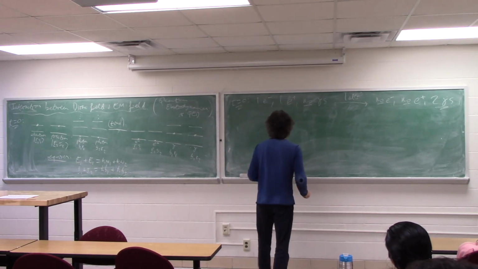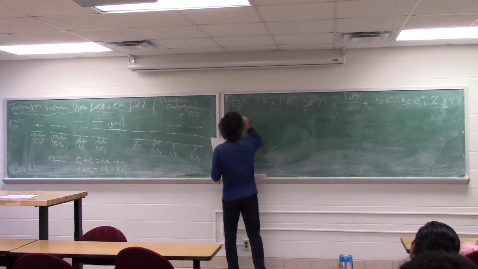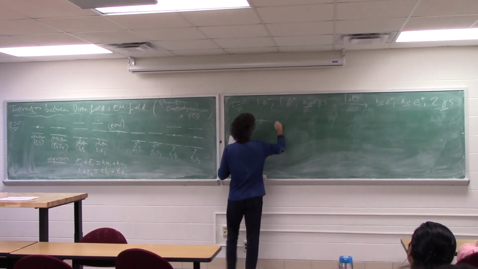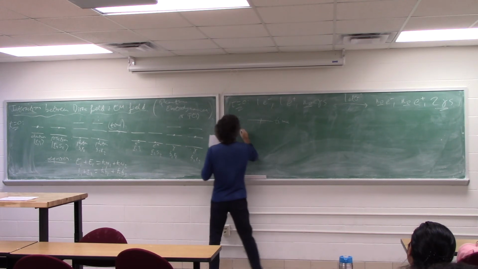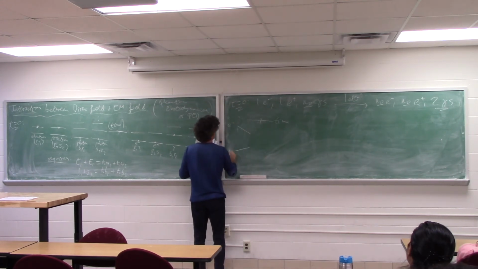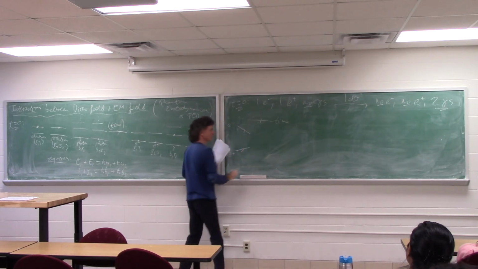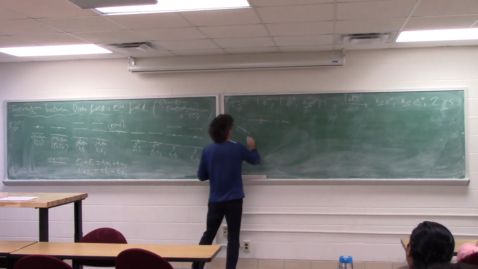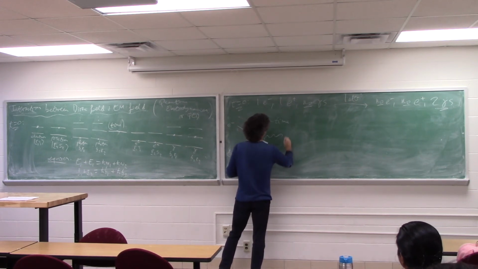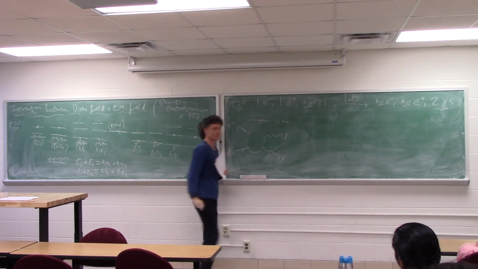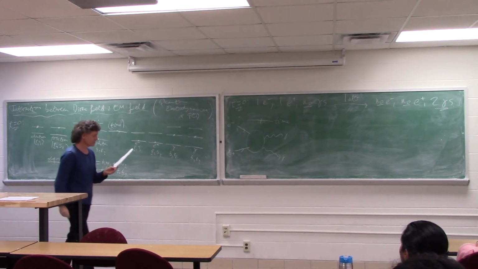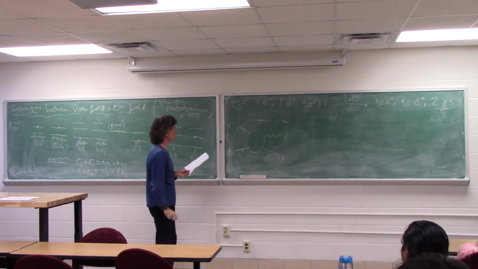What has happened here, heuristically, you could represent as the following diagram. If I have time running this way, I have an electron coming in and a positron coming in, and somehow they vanish, and out come two photons, with energy and momentum conservation satisfied.